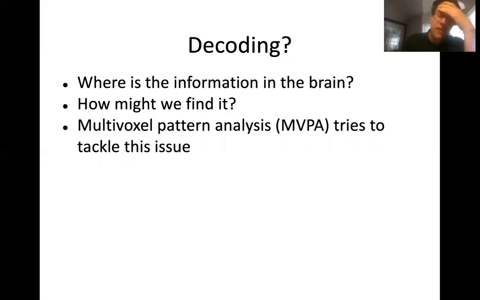It's not where is the brain activity, but where does the brain activity contain information about what the person is seeing, right? How do we actually get to that type of information? So Haxby developed this in this 2001 paper. This was still a very rudimentary application of it, but he developed this thing called multi-voxel pattern analysis to address this issue.